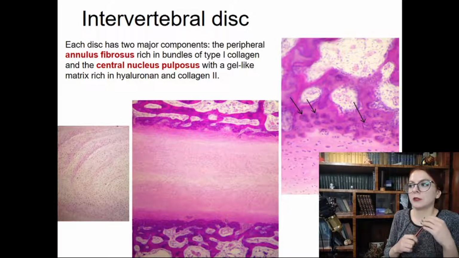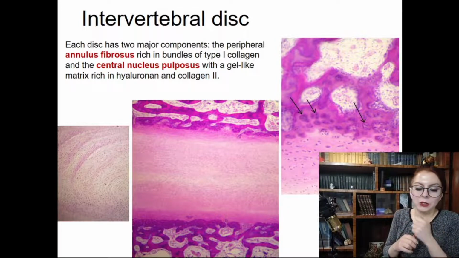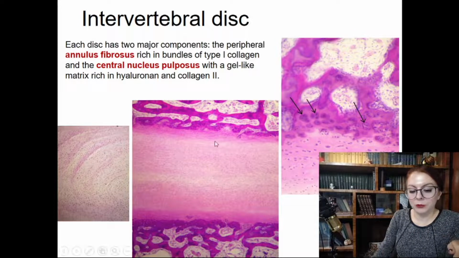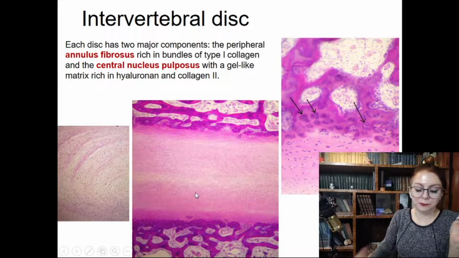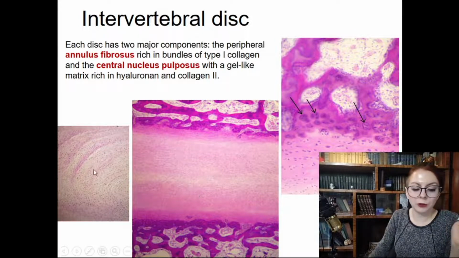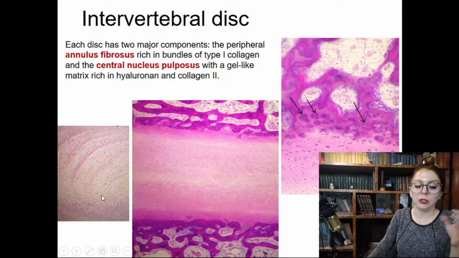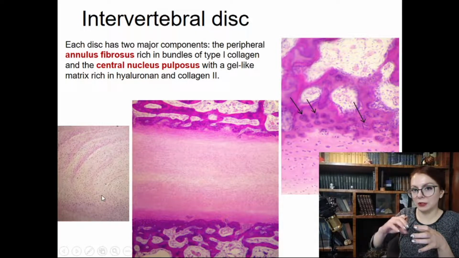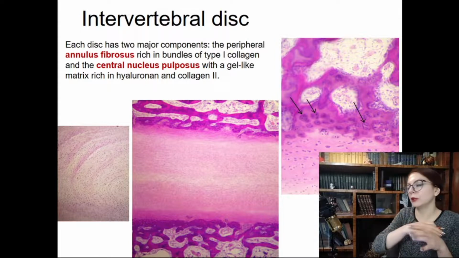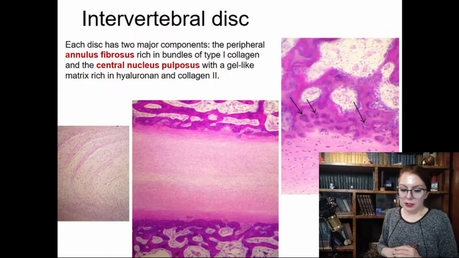This is a rather severe pathology. So the structure of the intervertebral disc is very important, and the annulus fibrosus should be dense enough to hold the nucleus pulposus in the center, because if the nucleus pulposus moves out, this is a very severe pathology.